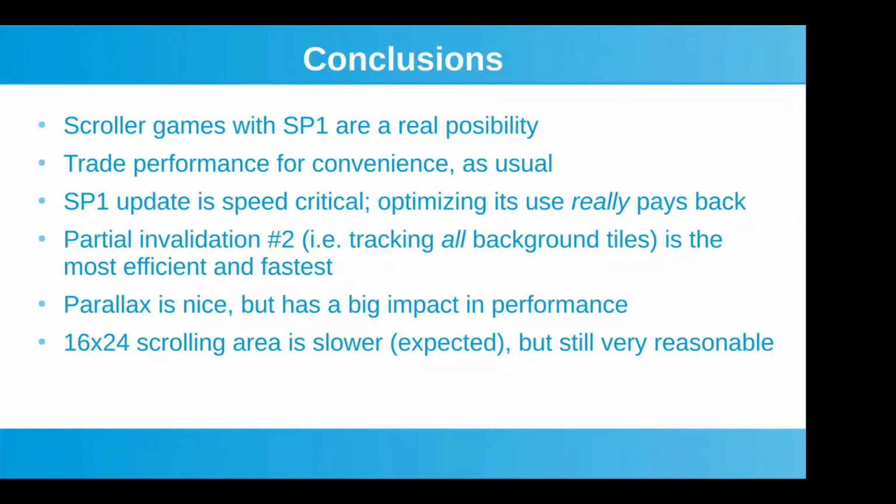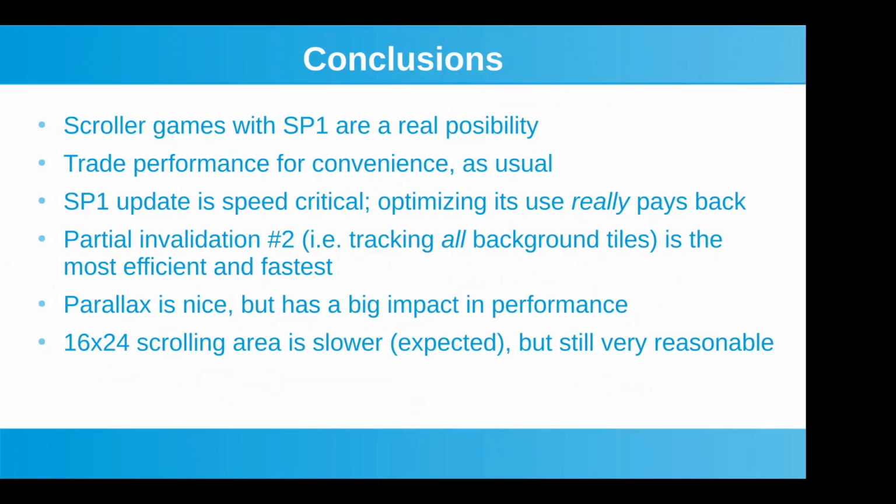And I have also found that partial invalidation number 2, which is tracking all background tiles, is the most efficient and the fastest of the algorithms, which is to be expected because we are just tracking everything. And I have found that parallax is nice, but it comes with a big performance hit. So the choice is yours with this one.